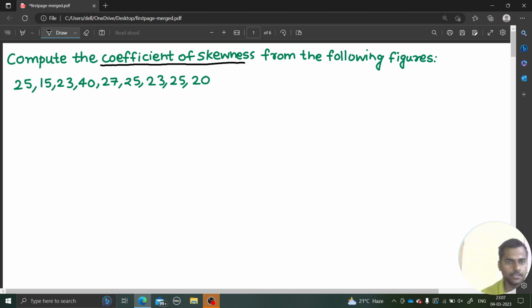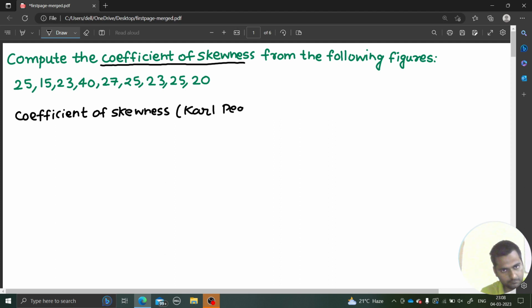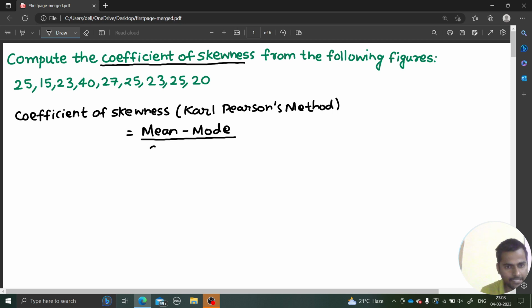Okay, so the coefficient of skewness, if we follow Karl Pearson method, then it is given by mean minus mode divided by standard deviation.